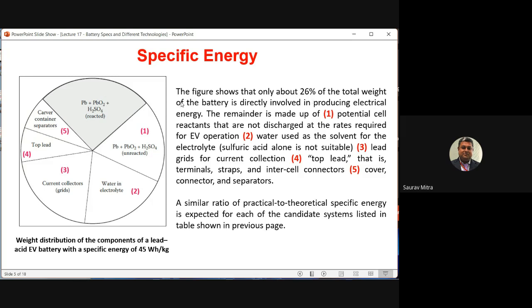Previously, I think I told it wrong. Divided by 0.74, it should be divided by 0.26. Right. So that will be the practical watt hour per kg. So theoretical and practical, whatever you are finding now here, 45 watt hour per kg, it is actually practical, but theoretical should be more than that.